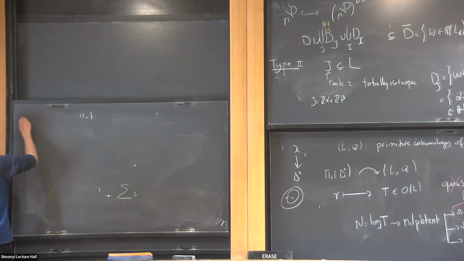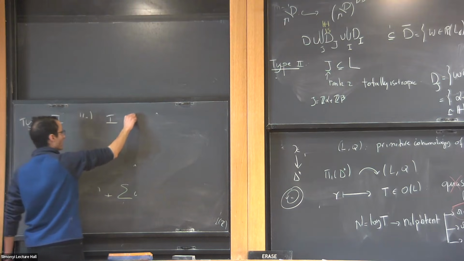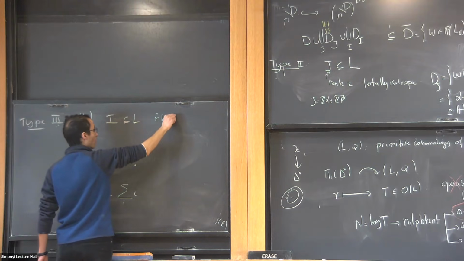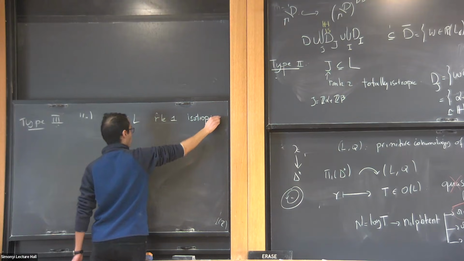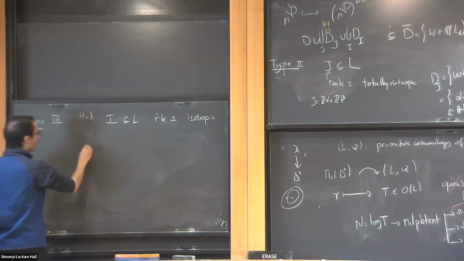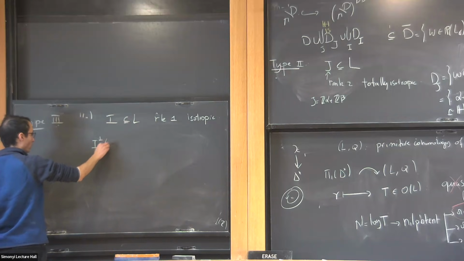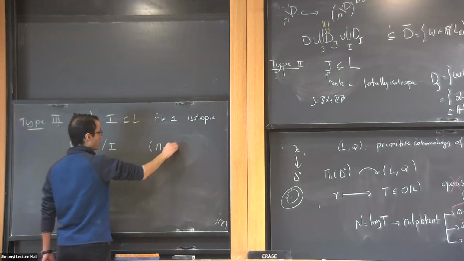So for the type 3, you now have I inside L of rank 1, isotropic. And I perp mod I, I call this lattice A, will have signature (n-1, 1).